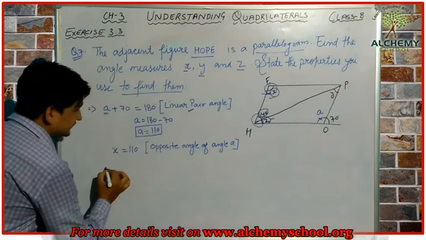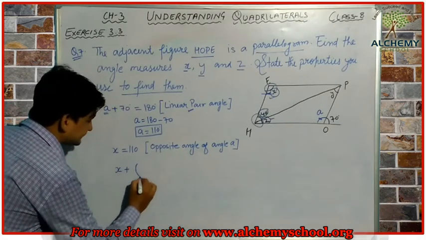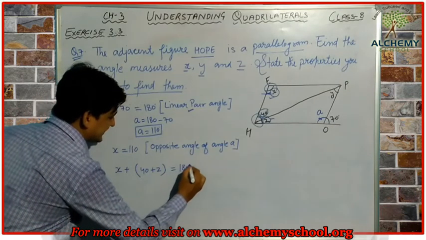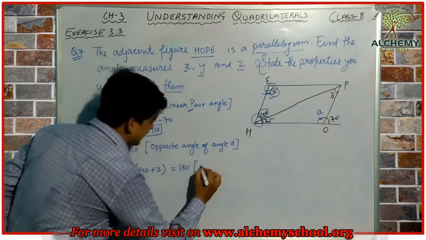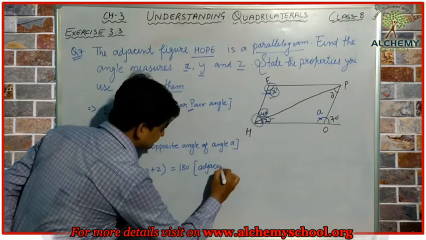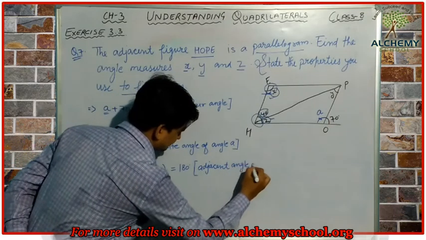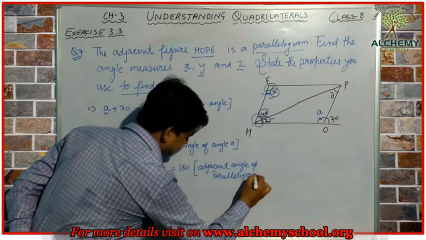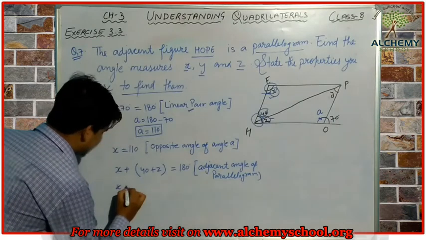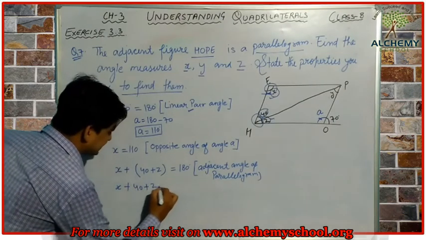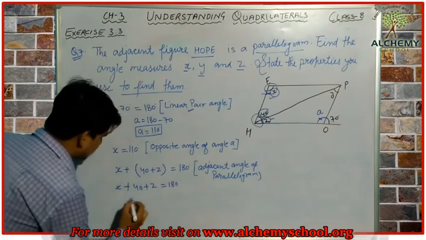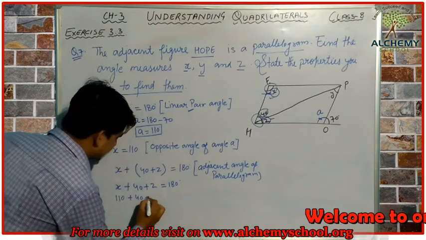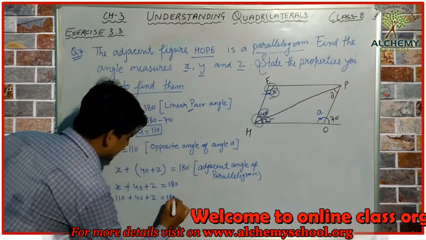So we can write here x plus 40 plus z is equal to 180 degrees, because they are adjacent angles of a parallelogram. The value of x we have is 110 degrees, so 110 degrees plus 40 plus z is equal to 180 degrees.